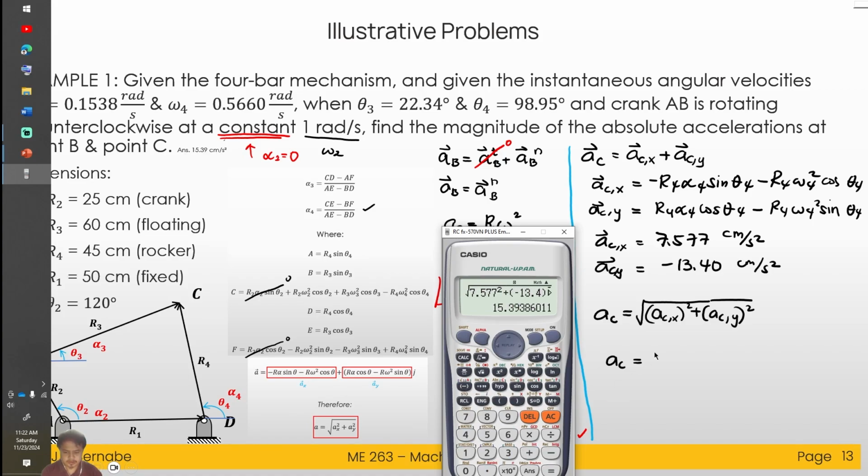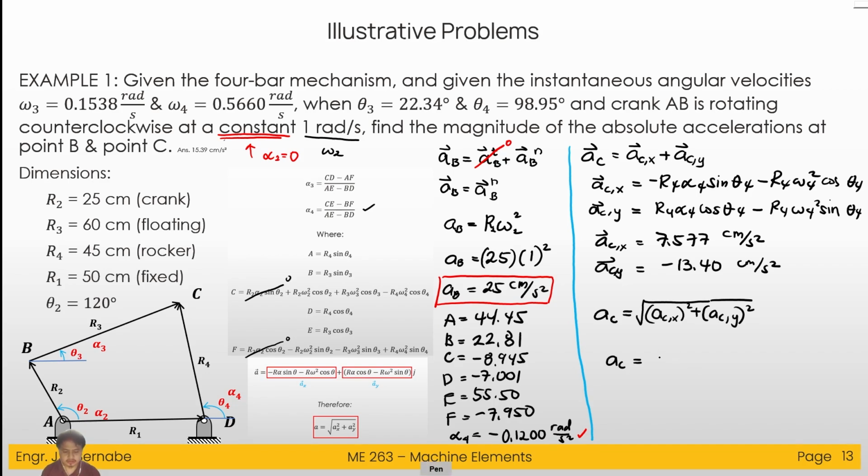So you have 15.39, just 15.39 for significant figures, 15.39 centimeters per second squared. Okay? So you have already this acceleration. That's all there is to it. Okay? So thank you guys for listening and see you guys in class.